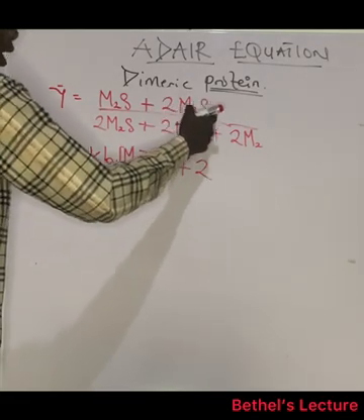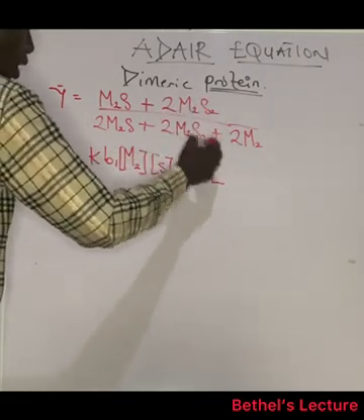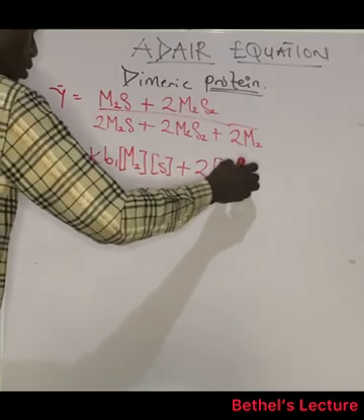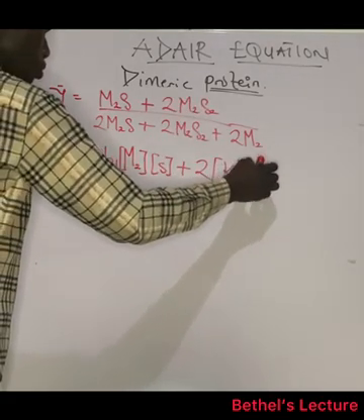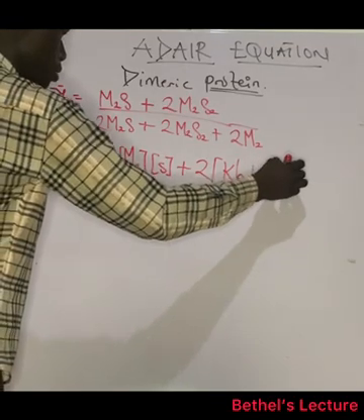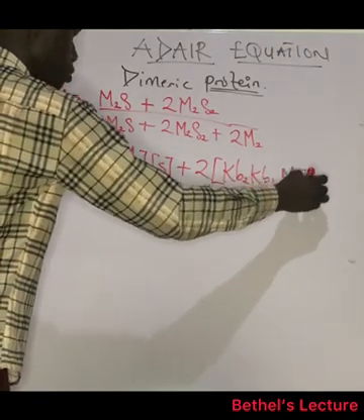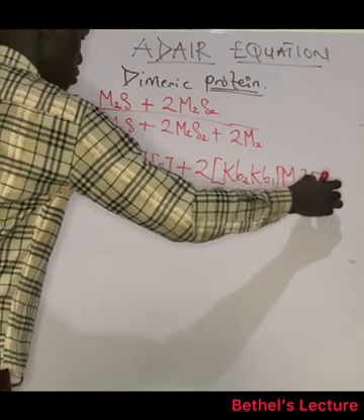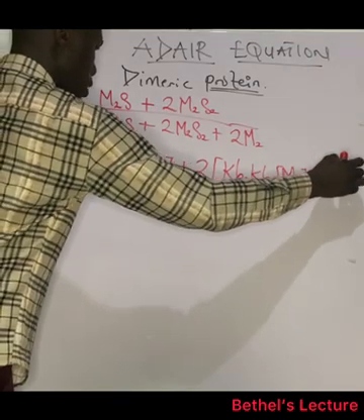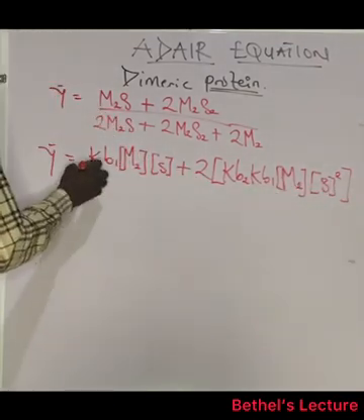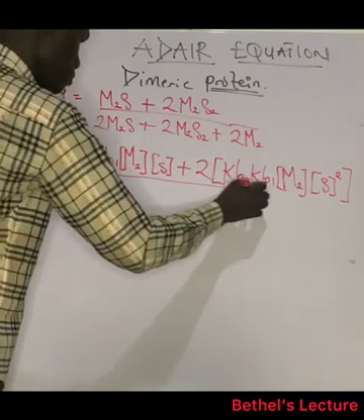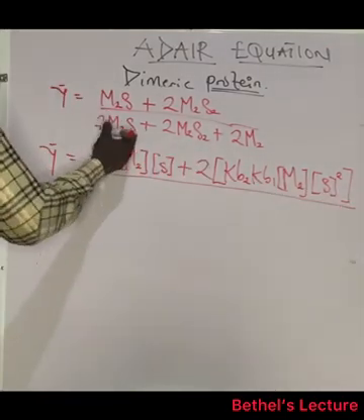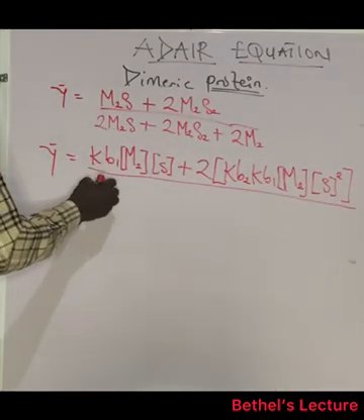What does M2S2 mean? Let's put it. M2S2 means KB2 KB1 M2 S squared. Okay? Then all over M2S2 again. So we have 2.